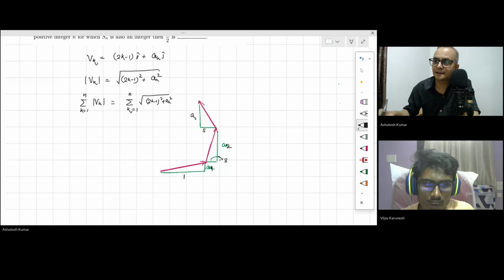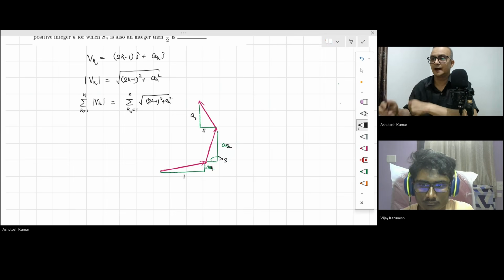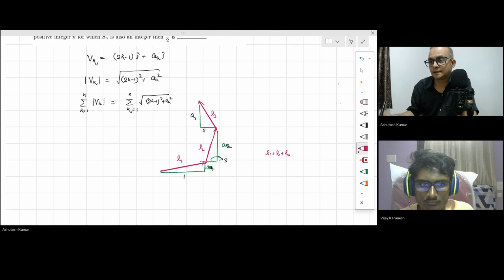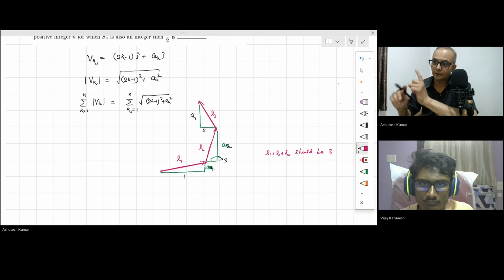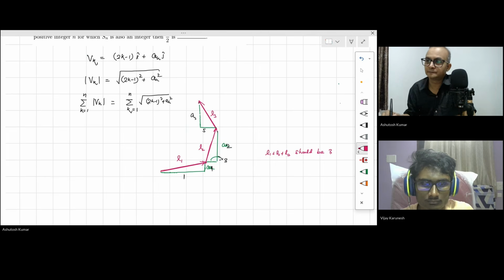And they asked that the sum of all the red path lengths be equal. Means that, let's say I'm calling L1 plus L2 plus L3 must be minimum. I'm taking 3, but I can extend up to n. Now tell me, how do we arrange it so that it will become minimum?